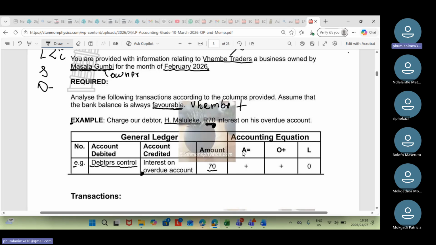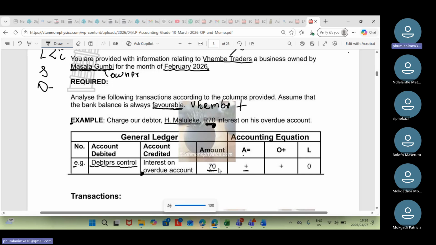On the accounting equation, assets are increasing because we're increasing our debtors control.